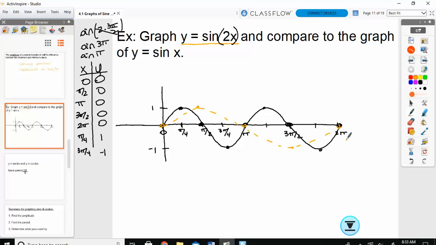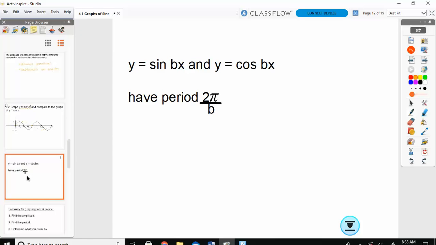Stretch it out, and it would have to go all the way to 4 pi before it would start repeating. So in terms of trig functions, when you have a number multiplied with the x, that changes the period of the graph. It changes how long it takes to repeat. And so to find the new period, all we have to do is 2 pi divided by that number.